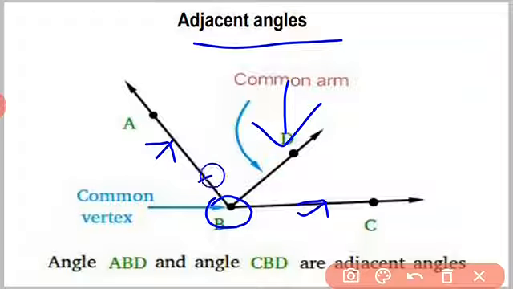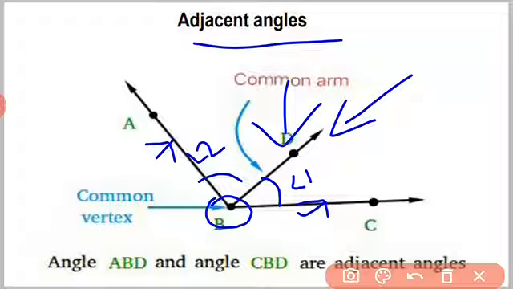See, the angles formed here, let's name them angle 1 and angle 2. Angle 1 and angle 2 are adjacent angles. Why? Because they have one common arm. This is a common arm which is common to both the angles, and a common vertex.